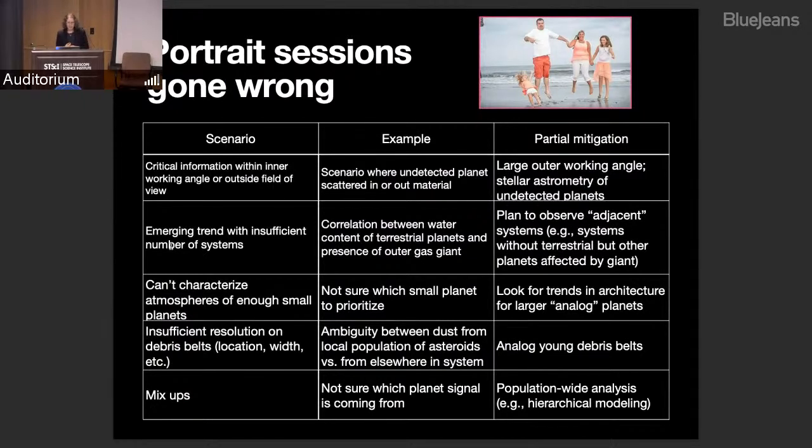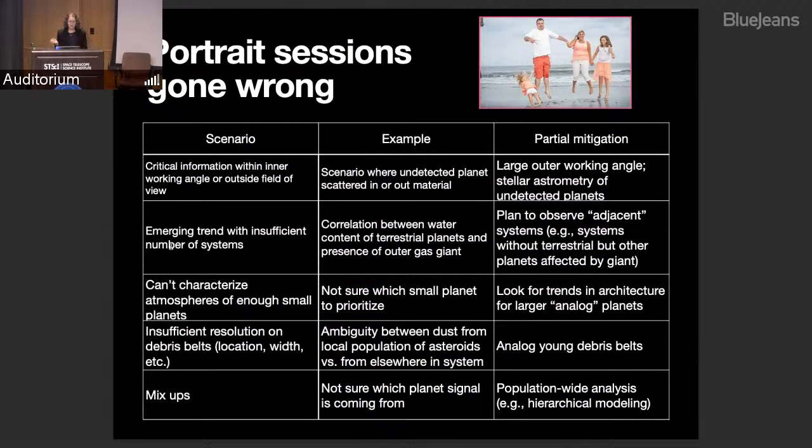Another situation I can imagine is we can't characterize the atmospheres of enough small planets. I'm thinking here like we don't have enough telescope time to do that, and we're not sure which small planet to prioritize. Maybe I'll show in a moment the pyramid of prioritization.